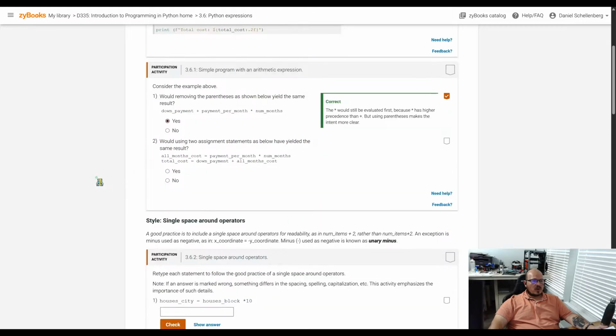Would using two assignment statements as below yield the same result? So all months cost is assigned payment per month times number of months. Total cost is assigned down payment plus all months cost.